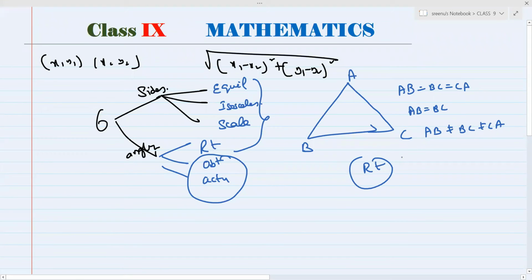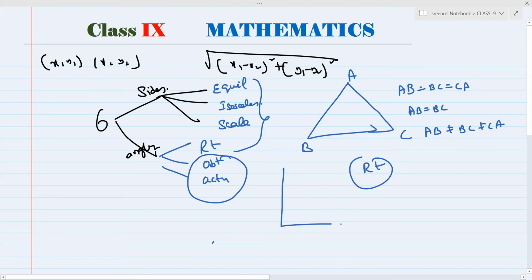And right angle triangle. When we say the given vertices form a right angle triangle, do you know? We have already discussed right angle triangles in trigonometry. Did you remember or forget?